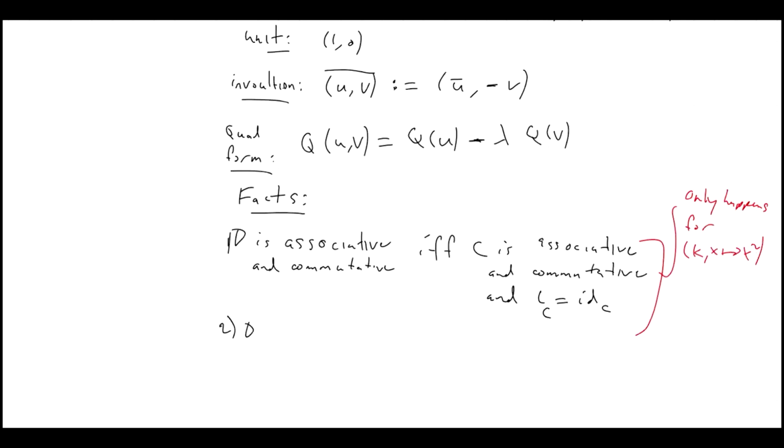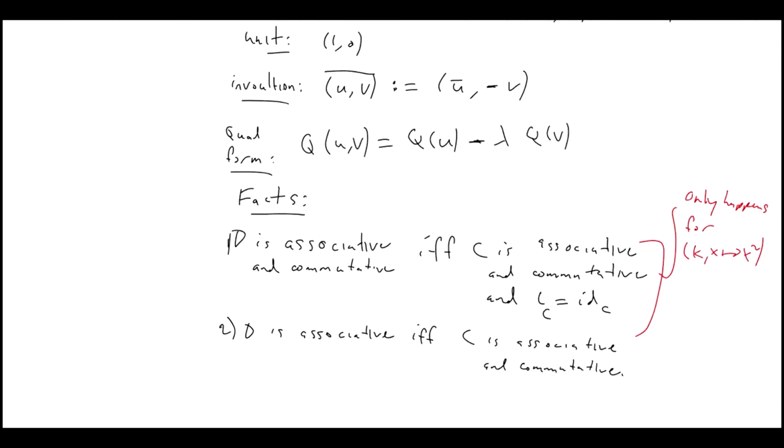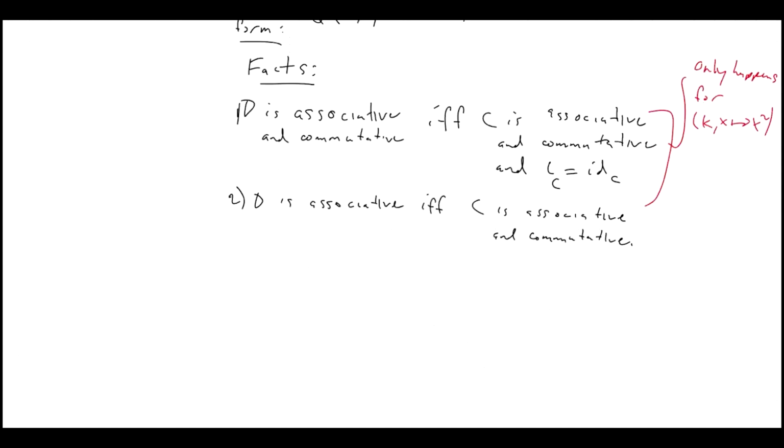So now D is associative if and only if C is associative and commutative. All right, so you start with associative and commutative, you apply doubling, you lose the commutativity, but you retain associativity. And maybe I'll also point out that associative and commutative, this you will get for your quadratic composition algebras.